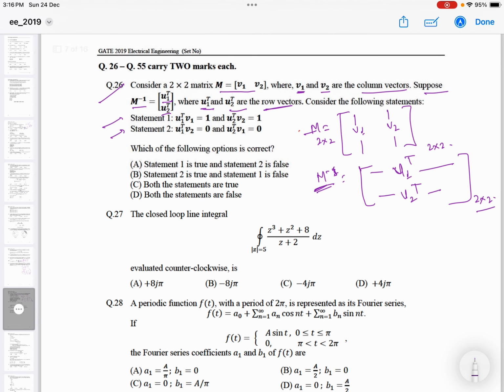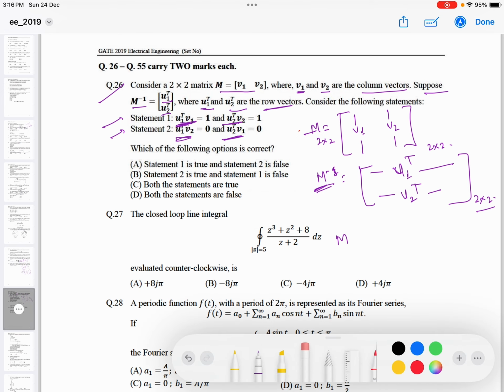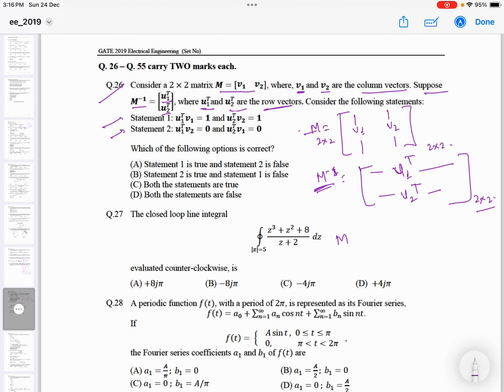Now we have to check this statement, right? If you do the multiplication, what we are looking for is the inner products. If you look at this statement, what we are looking at is nothing but the inner product. The main point is that we are multiplying two matrices, M and M inverse.